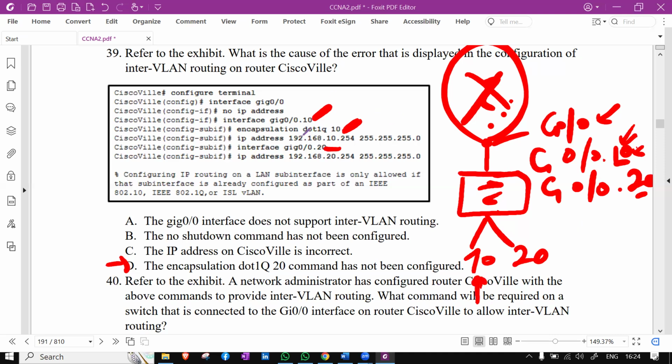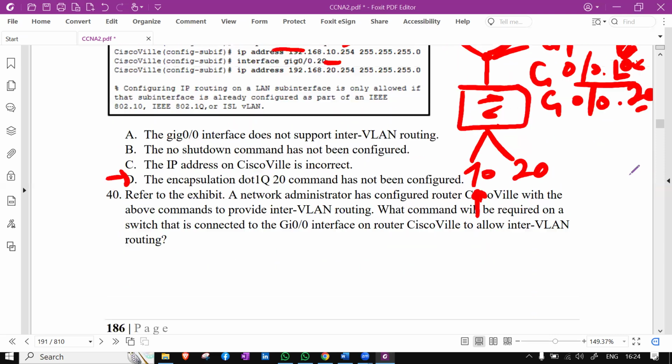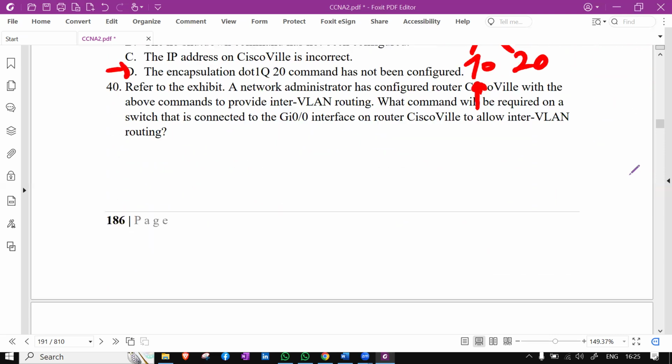It knows by this command here, encapsulation dot1q 10. So ndikauya pa-sub-interface rina 20, ndikaenda ndikati encapsulation dot1q 20, it means this interface is now associated to VLAN 20. It's a bit confusing, but I hope you get the point of encapsulation dot1q.